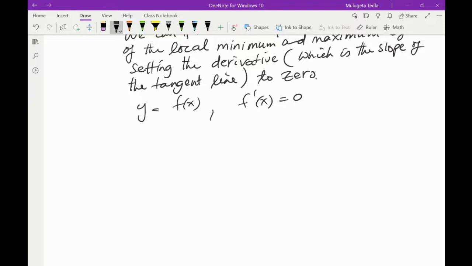Under this, we're going to use what we call the first derivative test. As soon as we get the critical numbers, we don't know if they are minimum or maximum points.